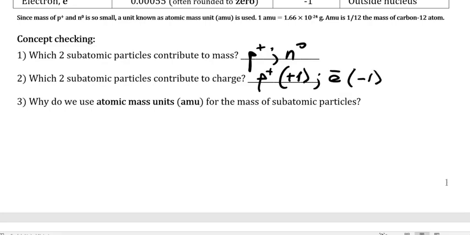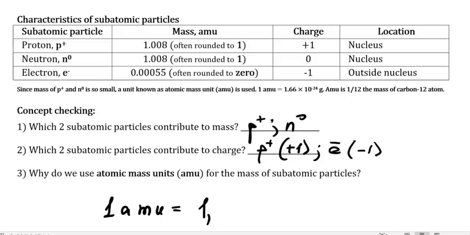Why do we use atomic mass units for the mass of subatomic particles? Of course, we can use pounds, or grams or kilograms, but these particles are so small that it's inconvenient to use any. It's not comfortable to use grams and pounds. That's why they made up special units like atomic mass units, which are used only in chemistry and physics to describe the mass of these subatomic particles.